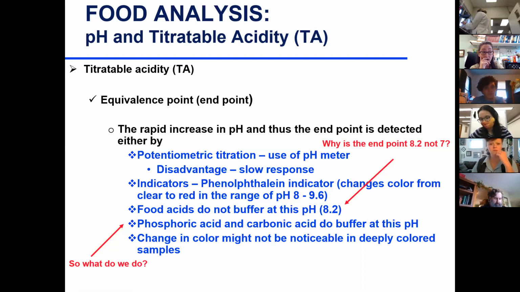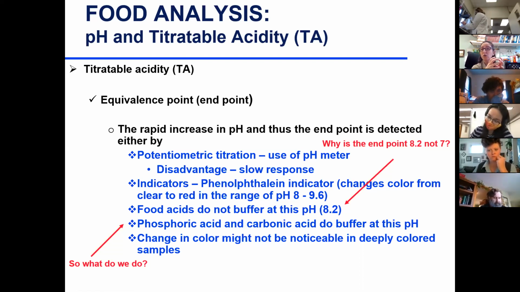So when we have carbonic acids, such as in soda, we do have to boil off the CO2. So that's something we do in the lab. We try titrating without boiling off the CO2, and then we titrate after boiling off the CO2. And you will notice that titratable acidity would be less after you boil off the CO2.